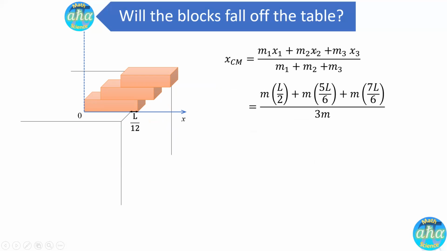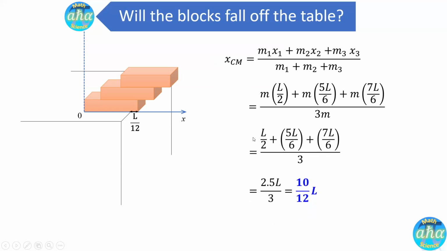On the denominator, it's just 3M, and the M's all cancel out. So we're just left with L/2 plus 5L/6 plus 7L/6, divided by 3. 5 plus 7 is 12. 12/6 is just 2. 2 plus 1/2 is 2.5L.